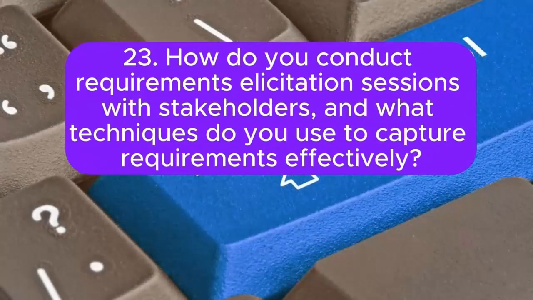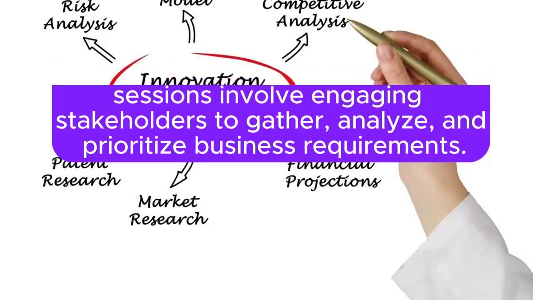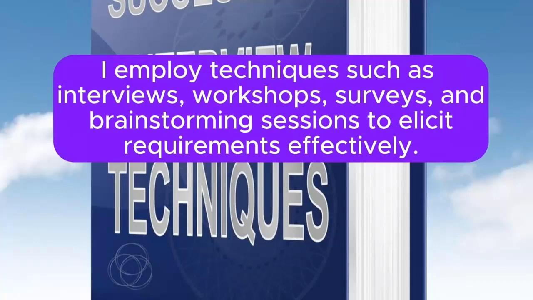23. How do you conduct requirements elicitation sessions with stakeholders, and what techniques do you use to capture requirements effectively? Answer: Requirements elicitation sessions involve engaging stakeholders to gather, analyze, and prioritize business requirements. I employ techniques such as interviews, workshops, surveys, and brainstorming sessions to elicit requirements effectively.